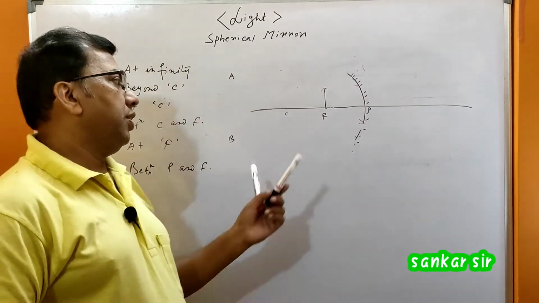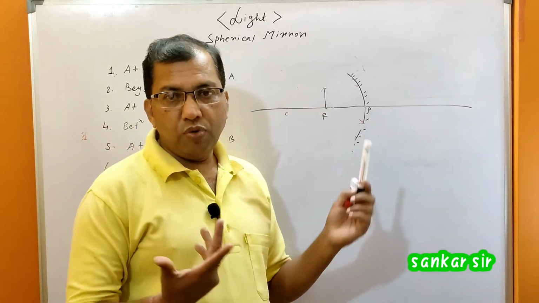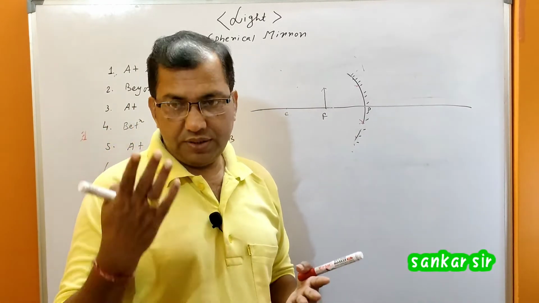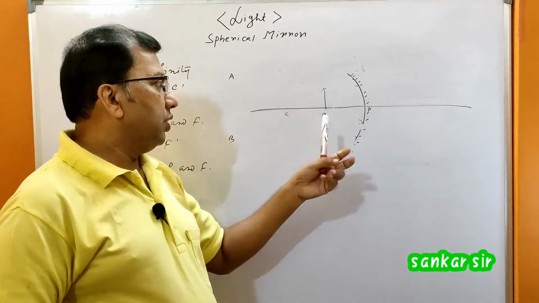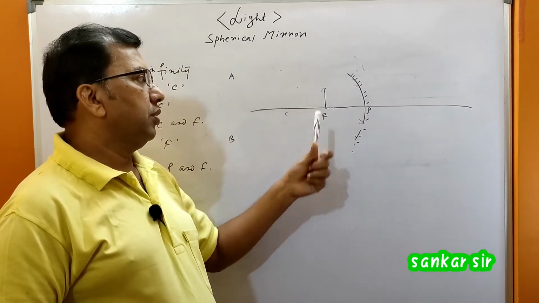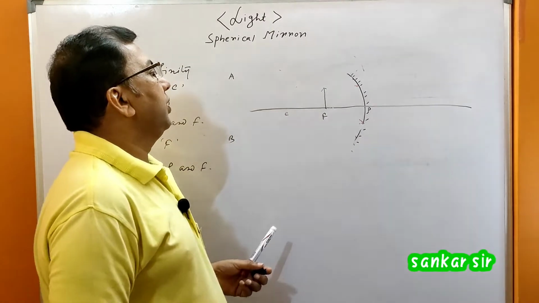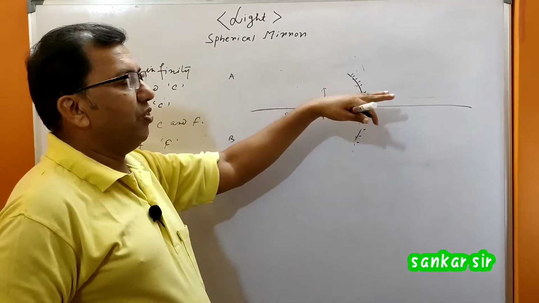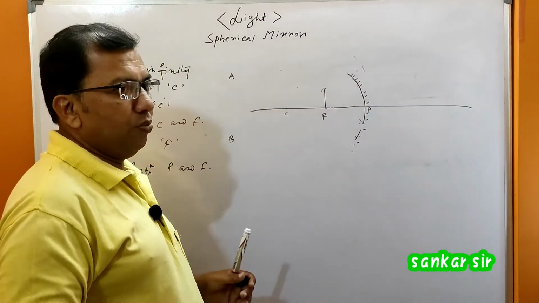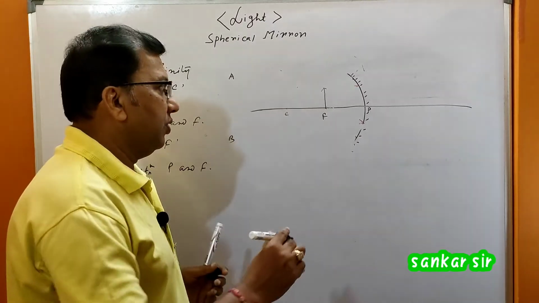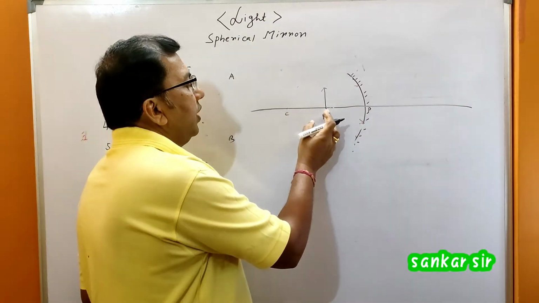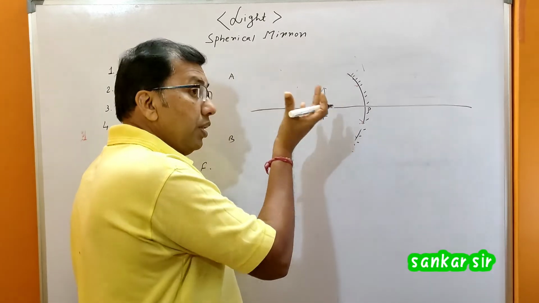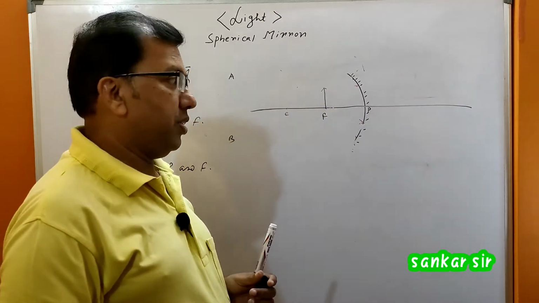Where will its image be? What is the focus? Out here is the focus. Then same thing, if a parallel ray passes up to the principal focus, object is at F. When the object is at focus, where will be the image and nature of the image?